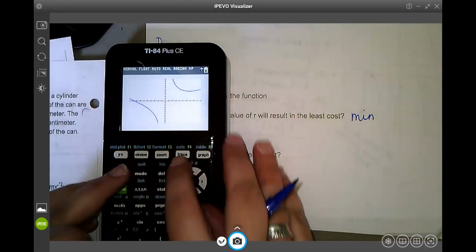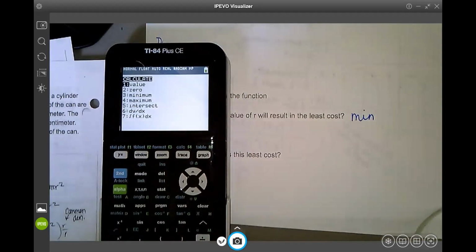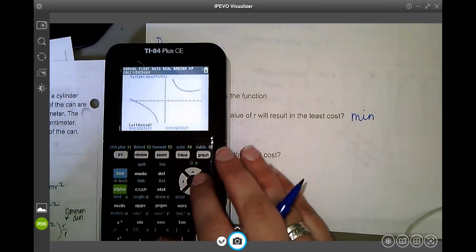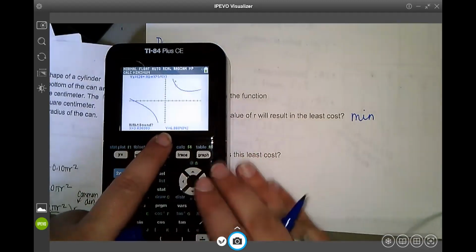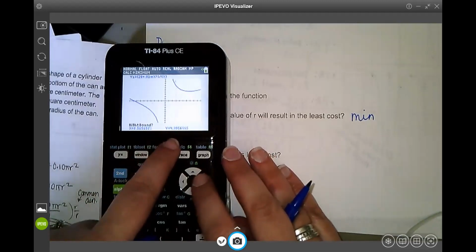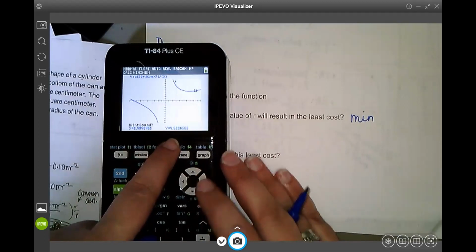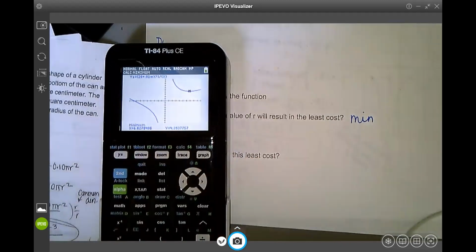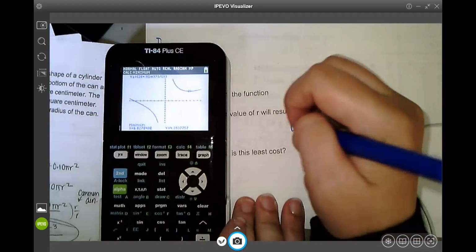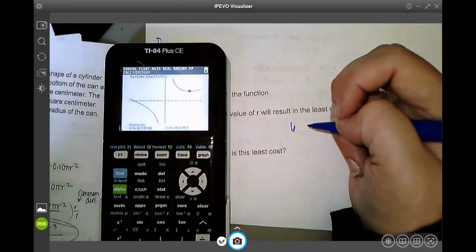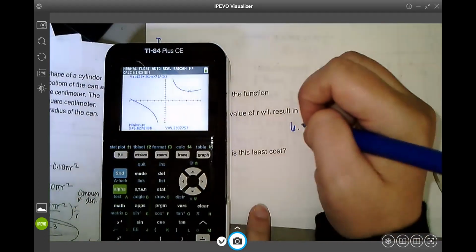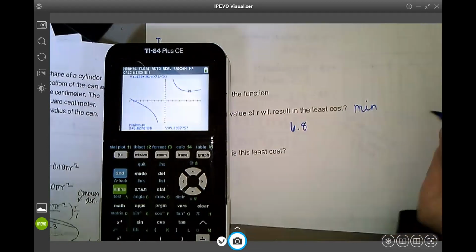So my minimum value, you'd be able to see this pretty easily on Desmos. On the calculator, I'm going to have to do second trace option 3, following my y-intercept here, so left, and then I'm watching my y values to see when it starts going back up. So my minimum there, my radius should be 6.8, about 3 points.